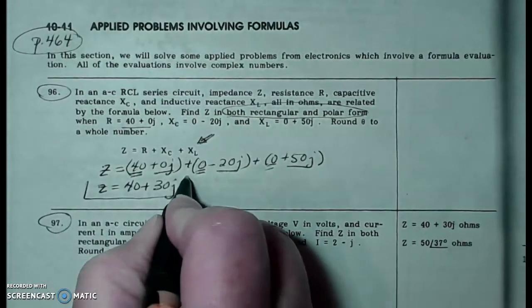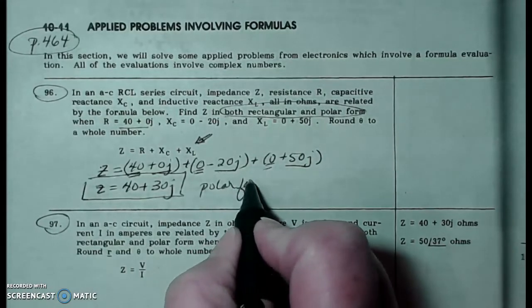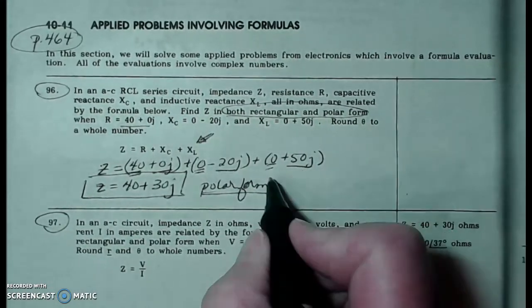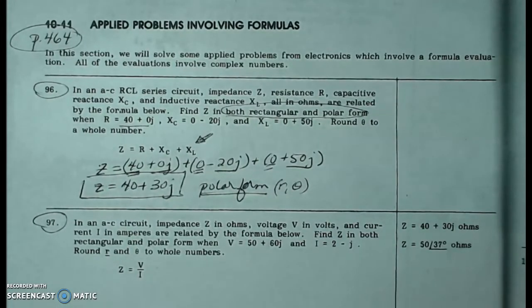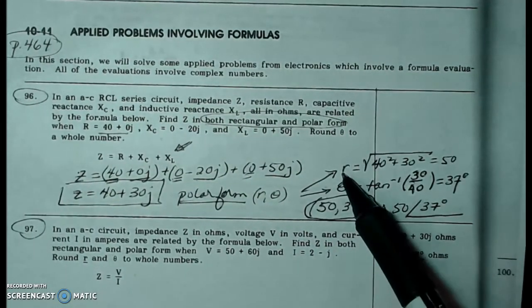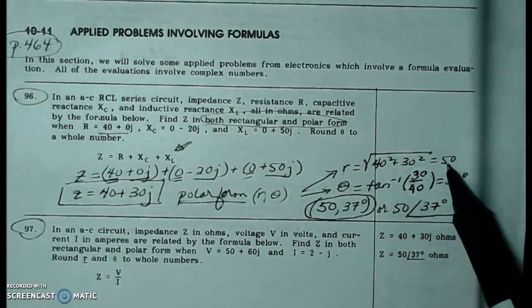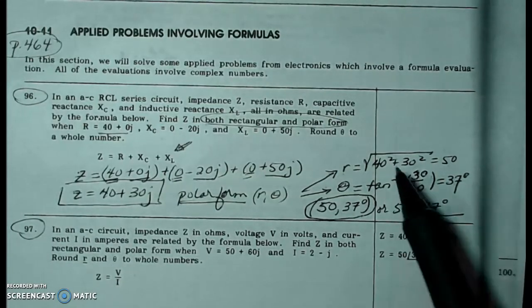Now the question also asked you to convert this to polar form, and this is typical. You'll have to give answers sometimes in both forms. So remember, that's the r theta form. Recall you can find r by using the Pythagorean theorem, and that delivers a distance or length of 50, and you can find theta using tangent inverse.